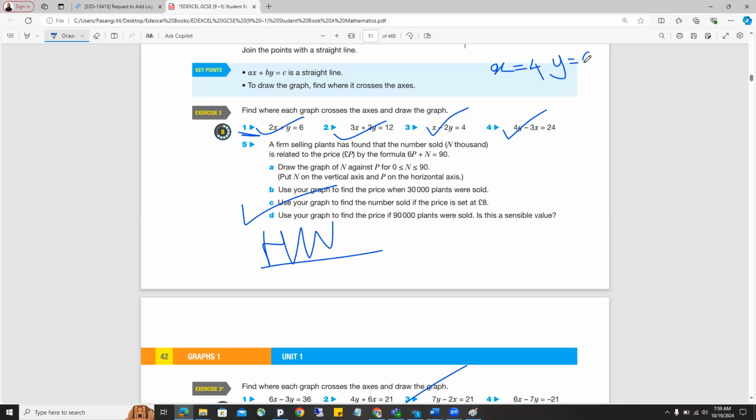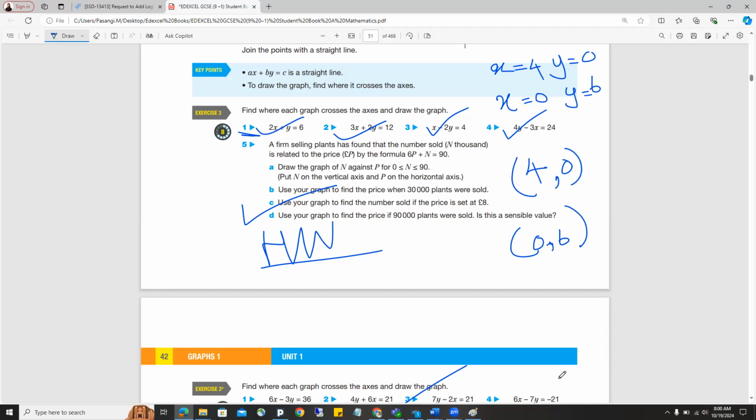Then when x is equal to 0, y is equal to 6. Then the coordinates are 4, 0 and 0, 6. Yes, these are the two coordinates.